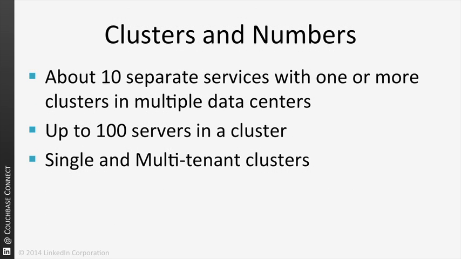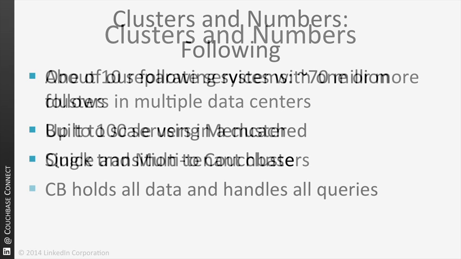We have approximately 10 or so services, with multiple clusters per service, somewhere on the order of 60 clusters of Couchbase running at LinkedIn. The clusters are spread out across our 3 data centers. A cluster may be up to 100 servers, so decent-sized clusters, both single and multi-tenant.